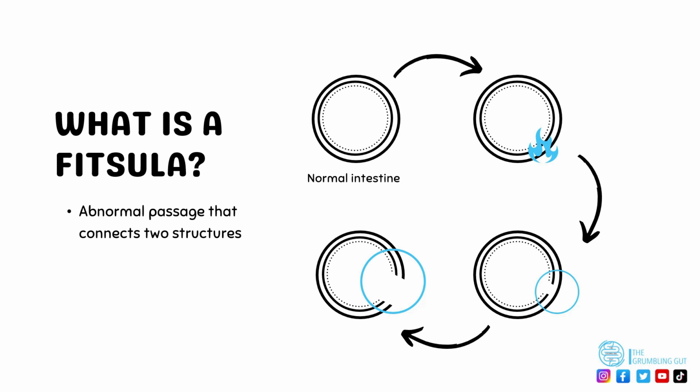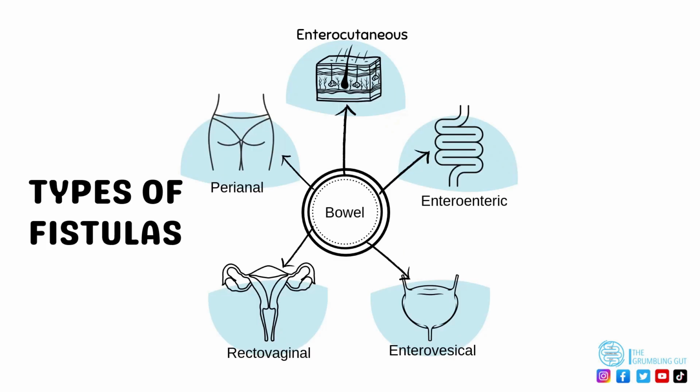Depending on the location of the fistula and what it connects to will determine the type of fistula present, of which there are 5 types. You can have perianal fistulas, which is an anal fistula. You can have an enterovisceral fistula, which is a connection between the bowel and the bladder. You can have an enterocutaneous fistula, which is a fistula connecting the bowel to the skin.